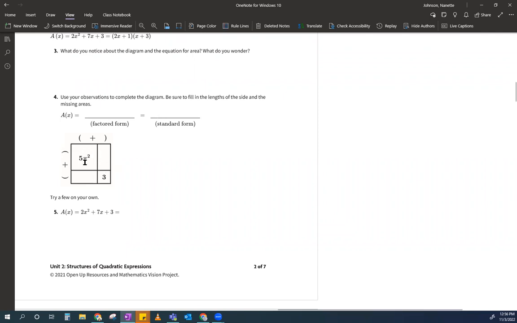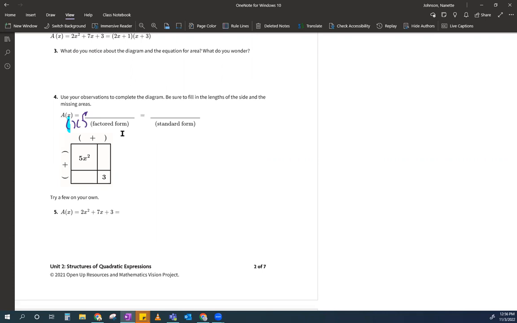Standard form is inside, factored form is on the outside. Factored form, I want you to think of this as parentheses. Factored form is parentheses times parentheses. So factored form means I can see my factors. Got it? Okay, very good.